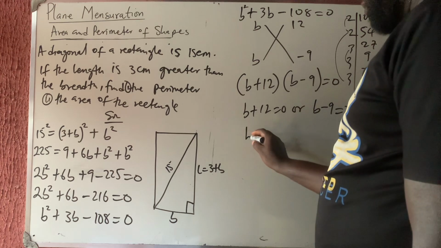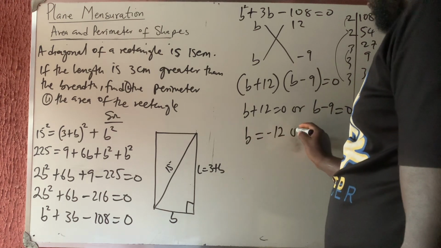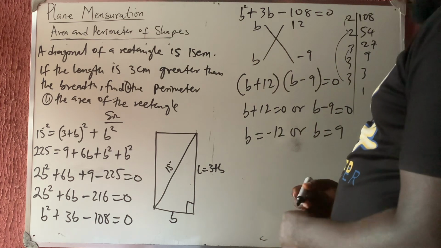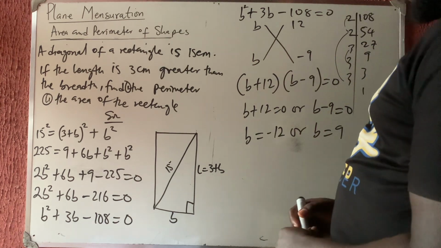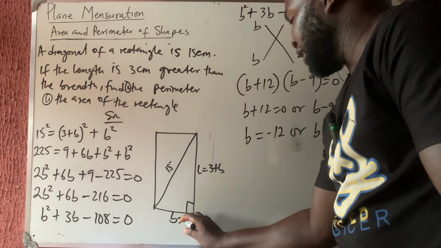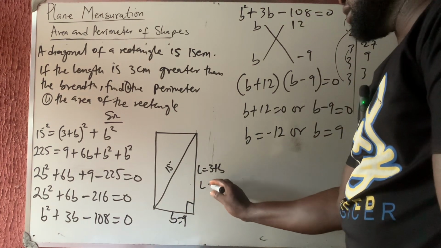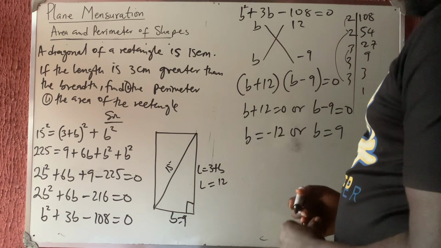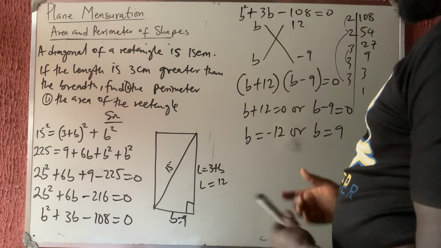So obviously my b is equal to minus 12, or b is equal to 9. But we're not taking the negative, we're going to take the positive, obviously. So therefore my b is 9, and then my length is now 9 plus 3 to give us 12.